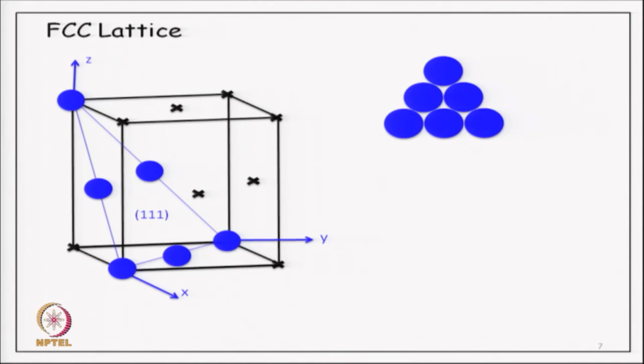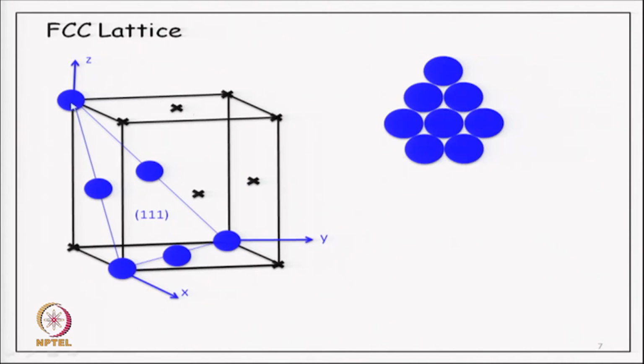But if you now look at it carefully, you will realize that this is nothing but a piece of a close packed plane, the 2-dimensional hexagonal close packed plane which we were considering, where each atom is surrounded by 6 atoms. Not immediately obvious in this triangle, but notice that the plane will extend and there will be more atoms added to this in the real crystal, and if I add 2 more atoms to bring out the hexagon, you can see that this central atom is in contact with 6 atoms.